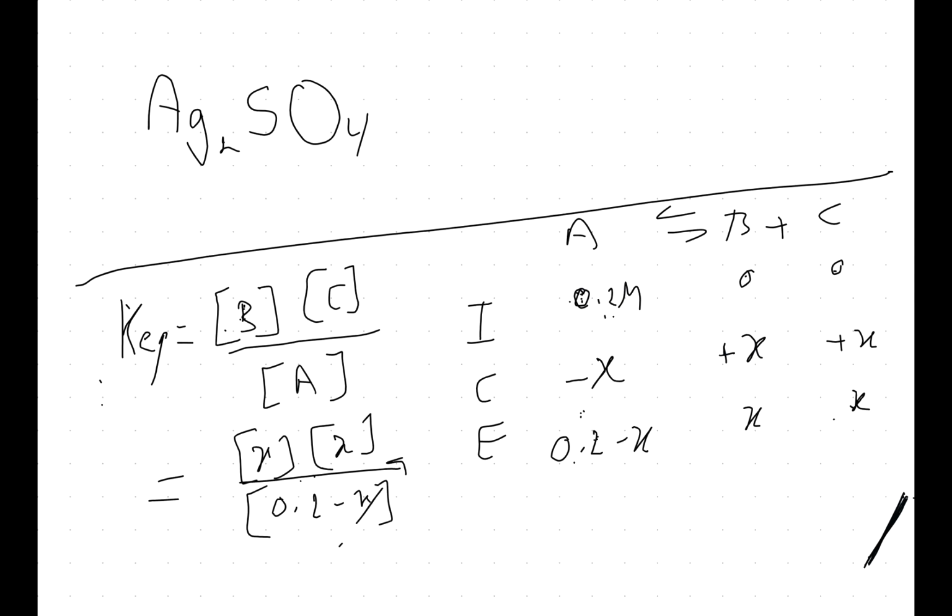If this is aqueous, if this is gas, it's acceptable. If one of them is solid, I cannot write it here. Here I have the silver sulfate, and because it's solid, it cannot be written down. Since it cannot be written down, why would I mention it here? It will not be included.